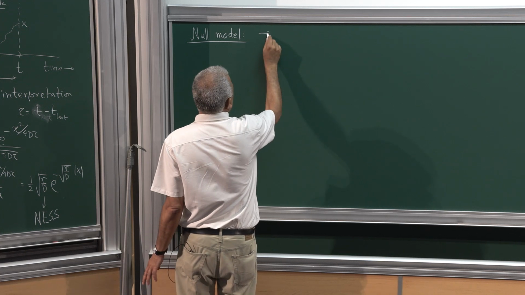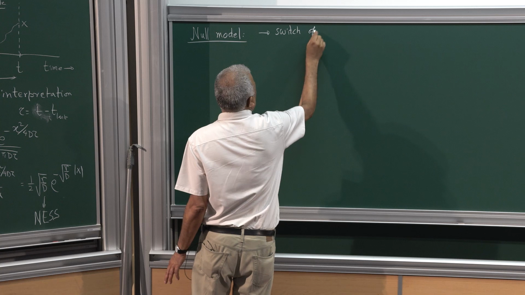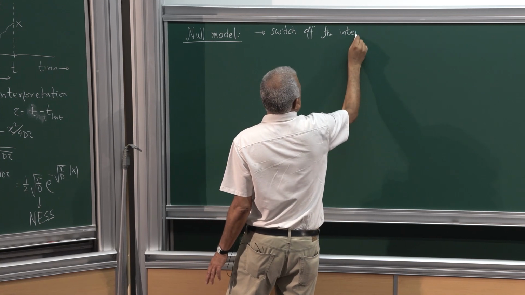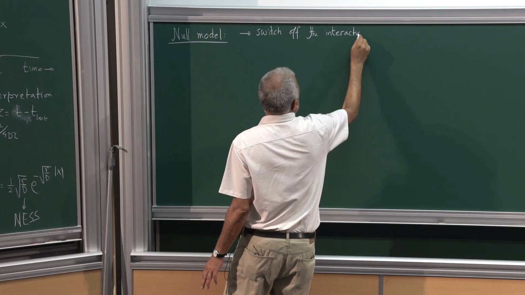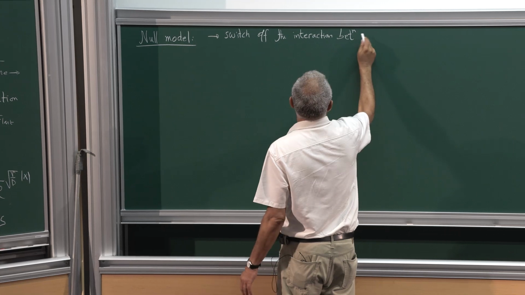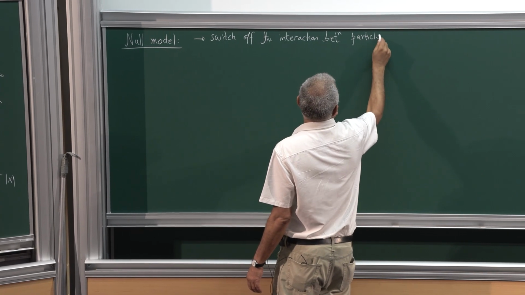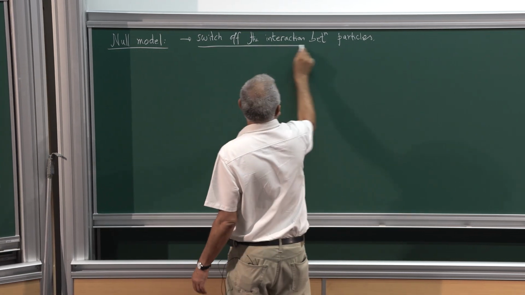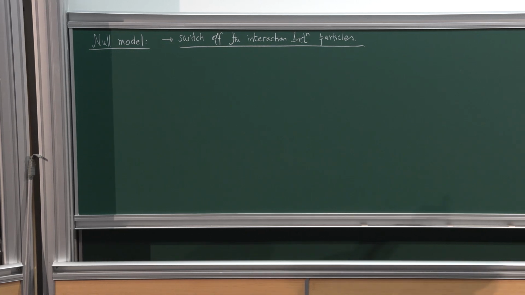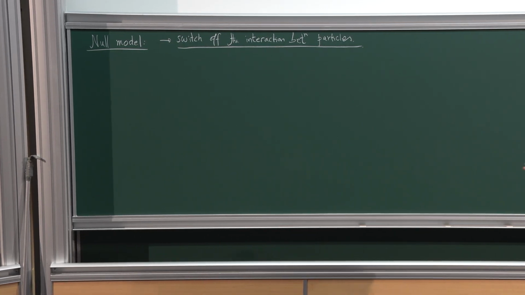Switch off the interaction between particles, I'll show you some data later. Then you have a very simple model, right? You just have a bunch of independent Brownian particles.